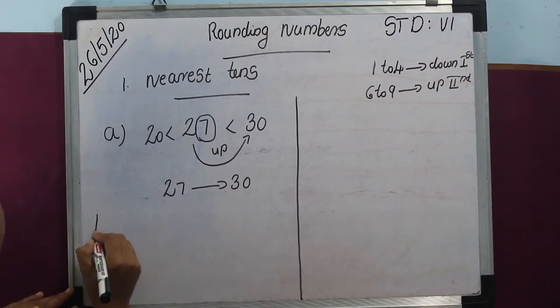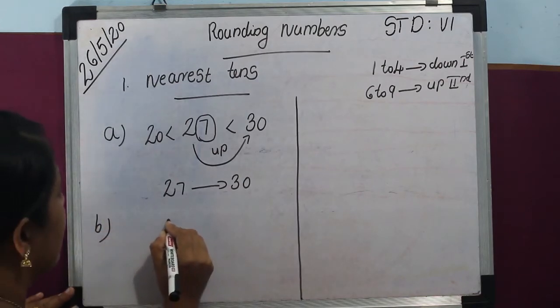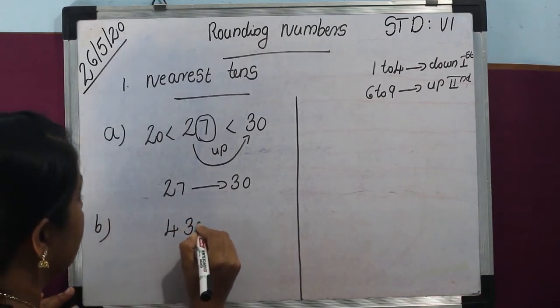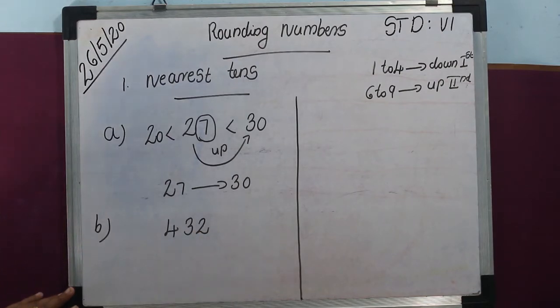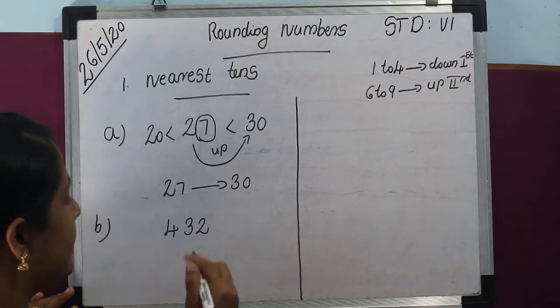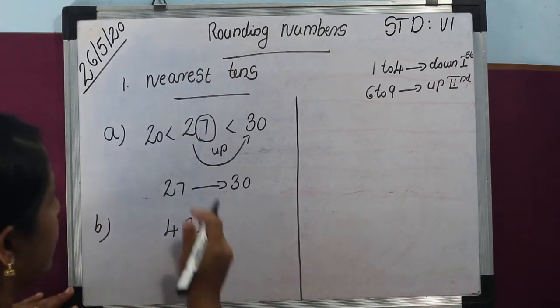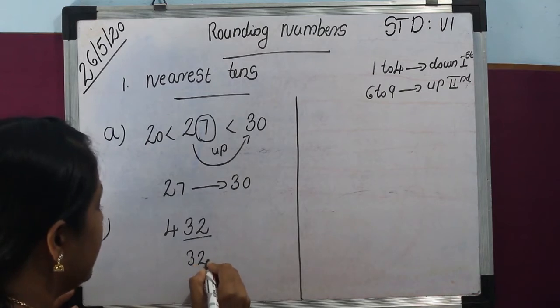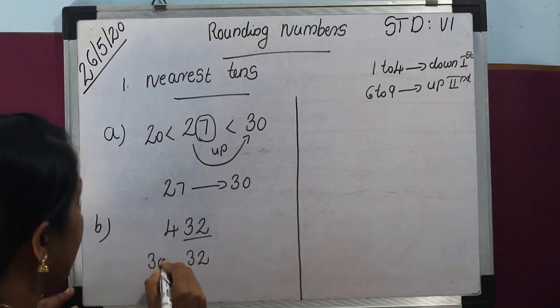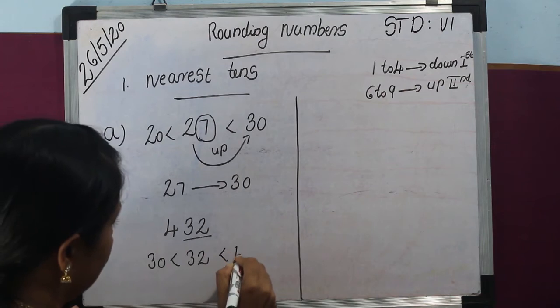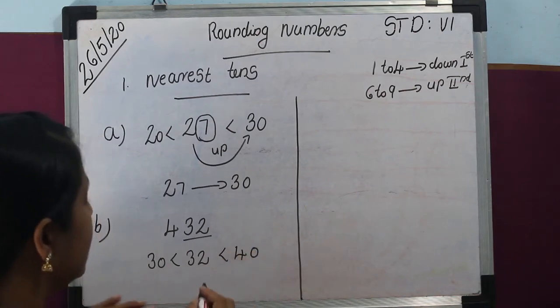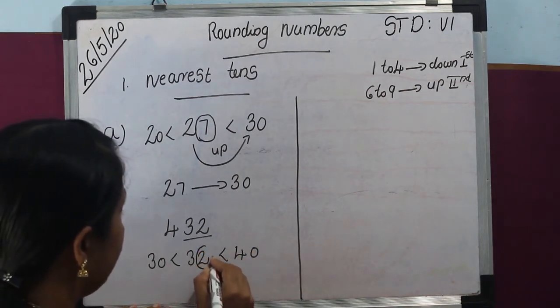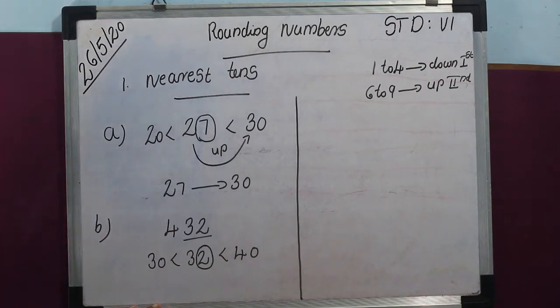Then consider the second example, 432. Actually, this is a hundreds number. Here we want the tens number, so we consider the problem as nearest 10. So, we take the number 32. 32 lies between 30 and 40. Next, we take the ones place value. Here, the ones place value is 2.